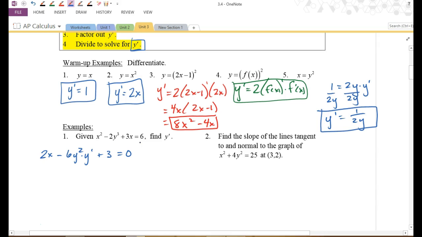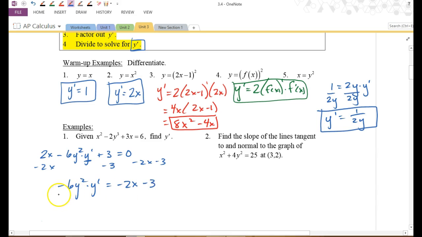That is the derivative of the equation, and now I need to set it equal to the y derivative piece. I subtract the 2x and the 3 to the other side. So I have negative 6y squared times the y derivative is equal to negative 2x minus 3.